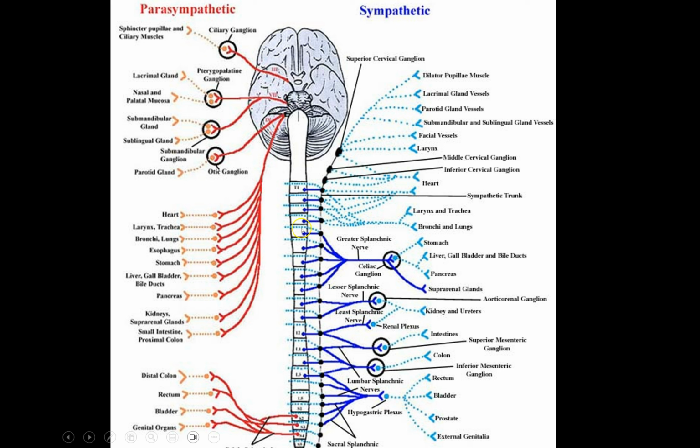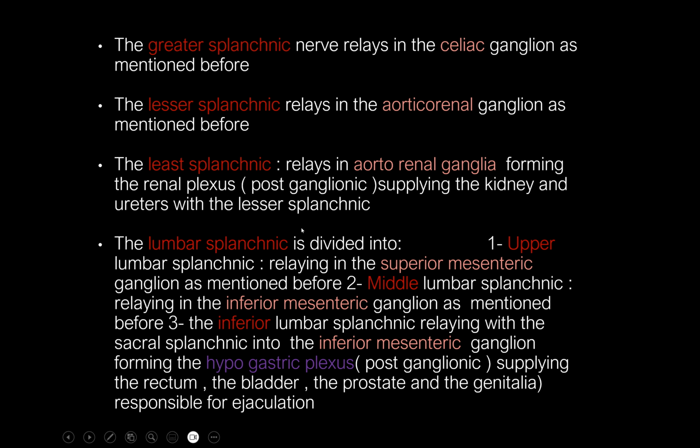Again, as you see, the greater splanchnic nerve, as we said, relays in the celiac ganglion. The lesser splanchnic nerve relays in the aortorenal ganglion. The least splanchnic nerve also in the aortorenal ganglion.